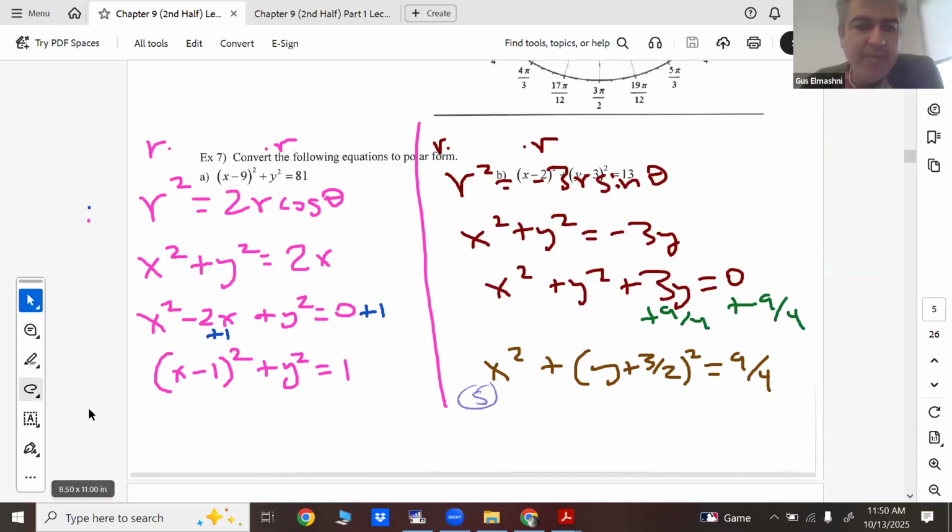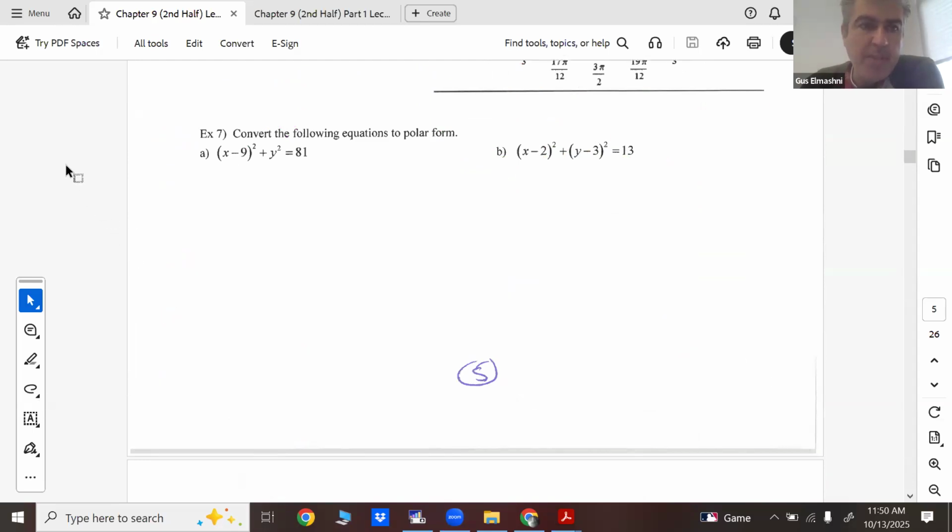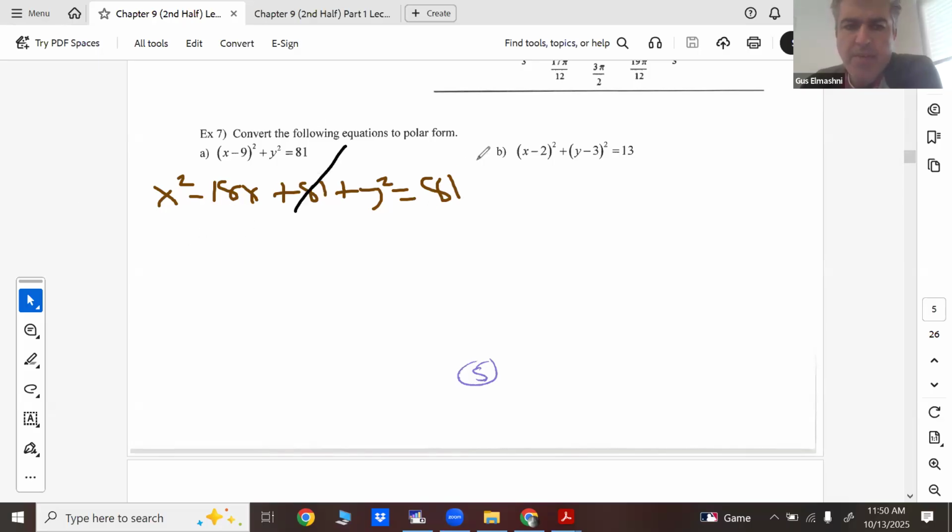Just really quickly, to go the other direction, for example number 7, I'll do this really fast. To go the other direction, I would say x squared minus 18x plus 81 plus y squared. So this is going the other direction, right? To write in polar form now. What happens to the 81s? Those cancel.